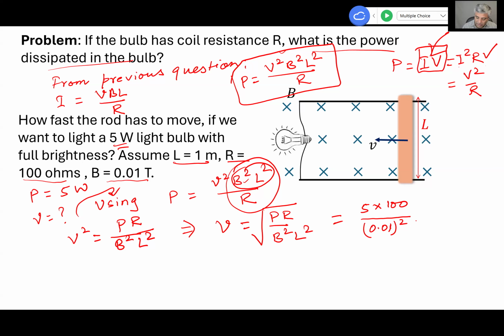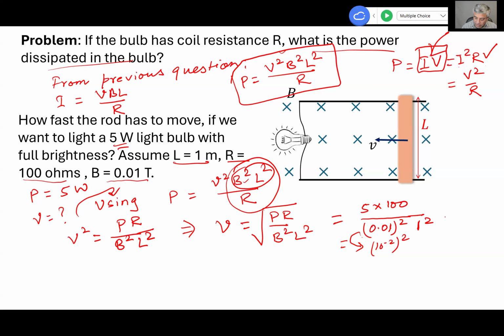By the way, that is 10 to the power negative 2, squared. That way it's easier, I think. And L is 1 meter. 1 squared is just 1. So we have 10 to the power negative 4 in the denominator.